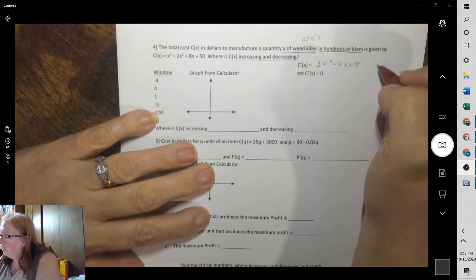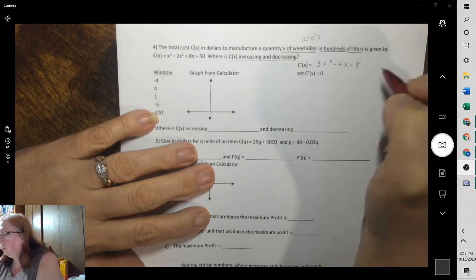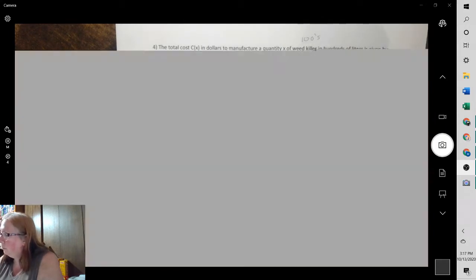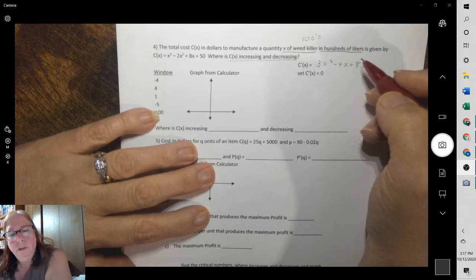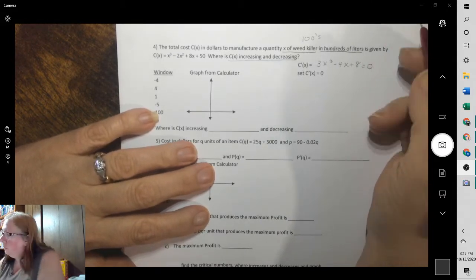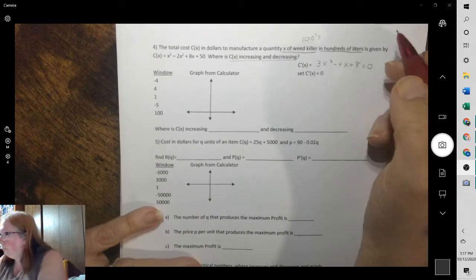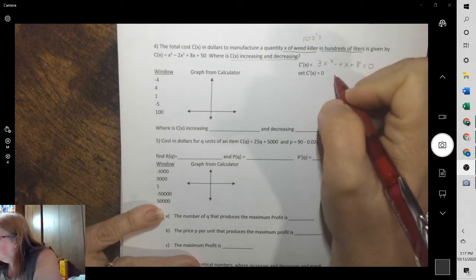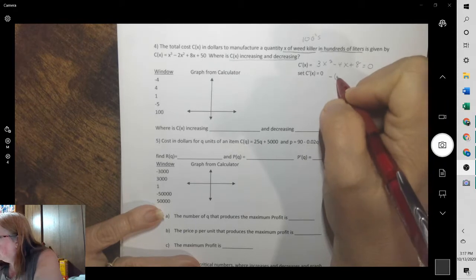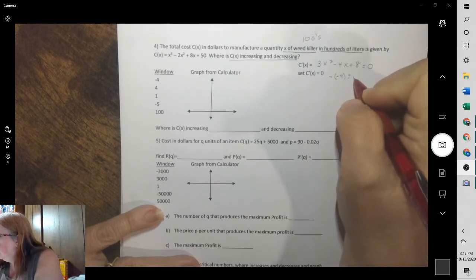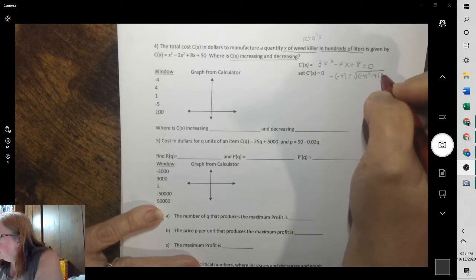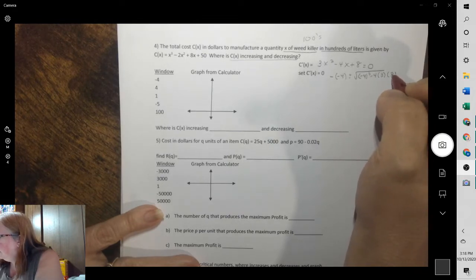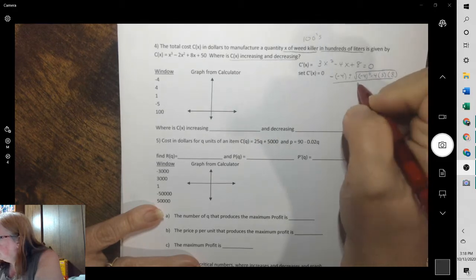Now to find the critical numbers to see where increasing and decreasing change, we need to set that equal to 0. This one is not factorable, so we need to use the quadratic formula: negative b plus or minus the square root of b squared minus 4 times a times c, all over 2 times a.